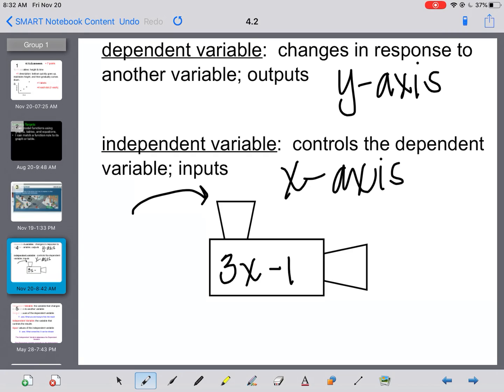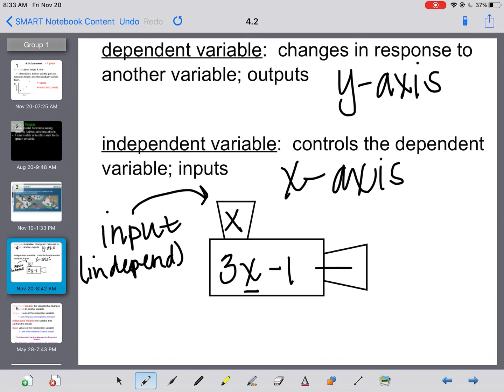Okay, this little funny picture here is what we call a function machine. And you put something in. On this box is your function. So I'm going to just make one up, 3x minus 1. And this is your input, which is your x's input. So we can put in whatever we want to put in.